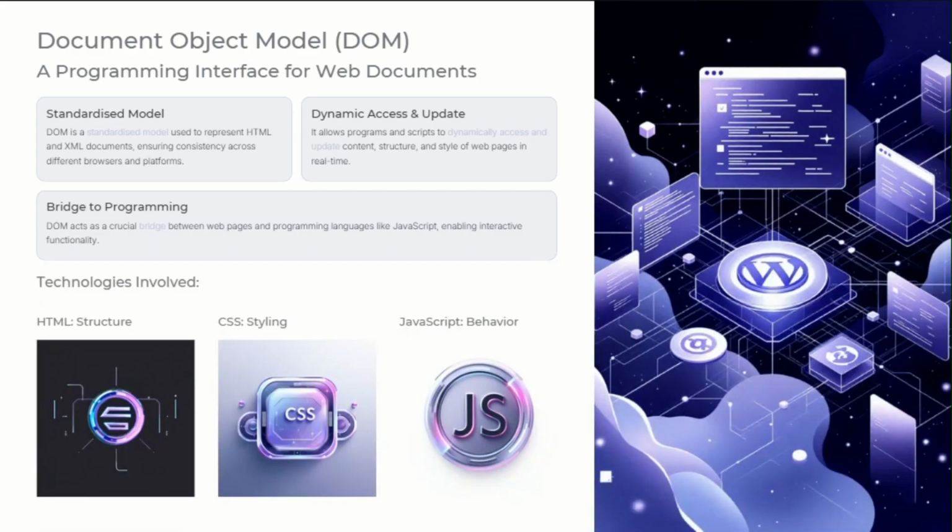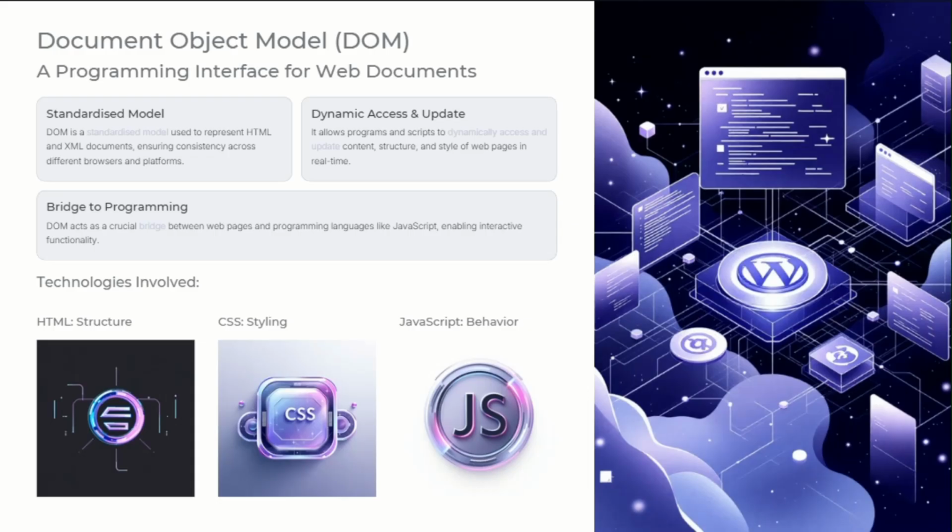Document Object Model. The Document Object Model is a standardized model, which means it works consistently across different browsers and platforms. The DOM allows programs and scripts to dynamically access and update the content, structure, and styling of a web page in real time.